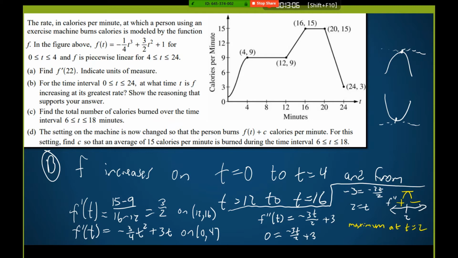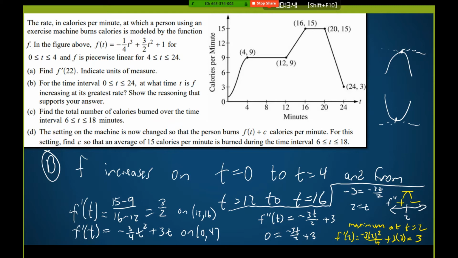So that maximum would be what happens if I plug 2 into our equation. So I could say f prime at 2 is equal to negative 3 times 2 squared over 4, my 4's will cancel, plus 3 times 2. So that's negative 3 plus 6 is 3.